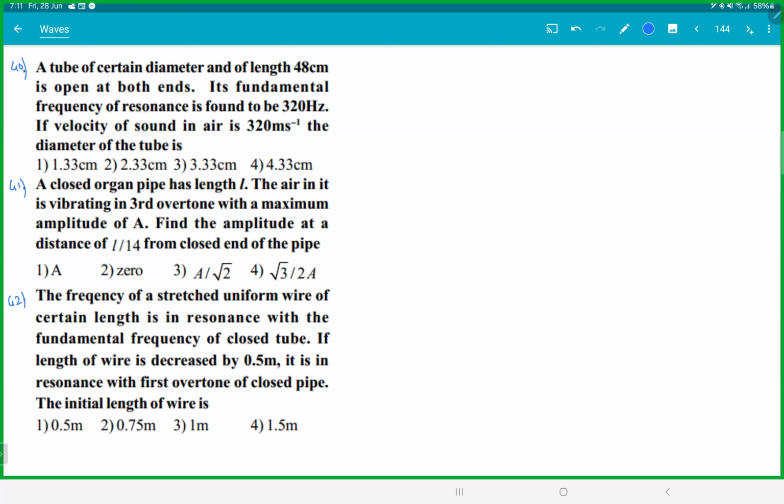The first was easy. A tube of certain diameter and length 48 is open at both ends. The moment you hear the word diameter, he's talking about end correction. You can clearly see lambda is C by F, which turns out to be 1 meter. So the distance between the loop nodes, lambda by 2, is 50 centimeters. But the length of the pipe is only 48 centimeters.